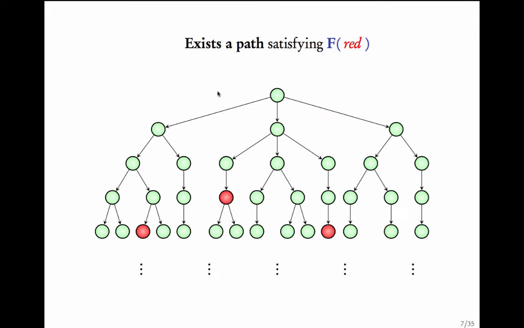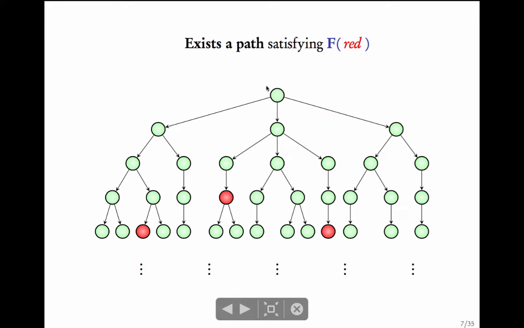This tree satisfies the property that there exists a path which satisfies F red. So look at this path. If you look at this path, at some point of time, red is true. So this LTL formula F red says that at some point of time, red is true.